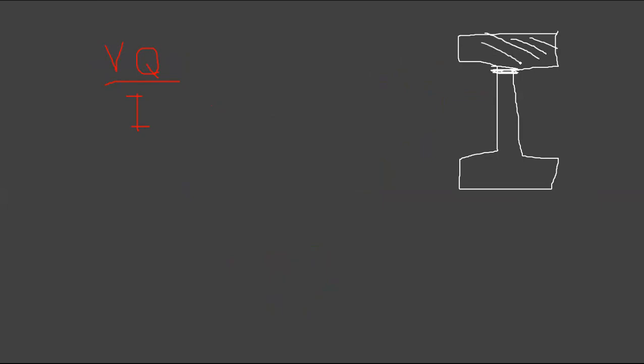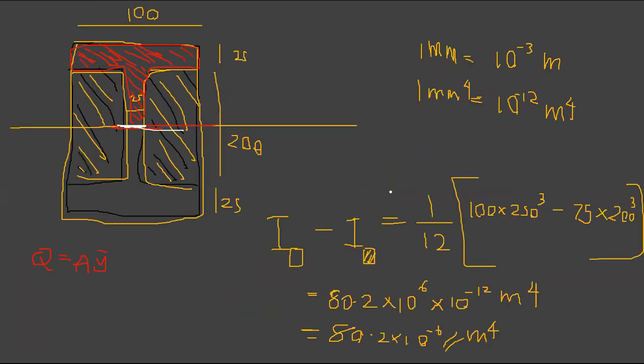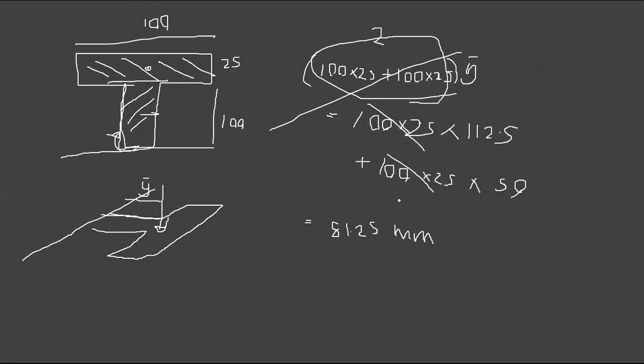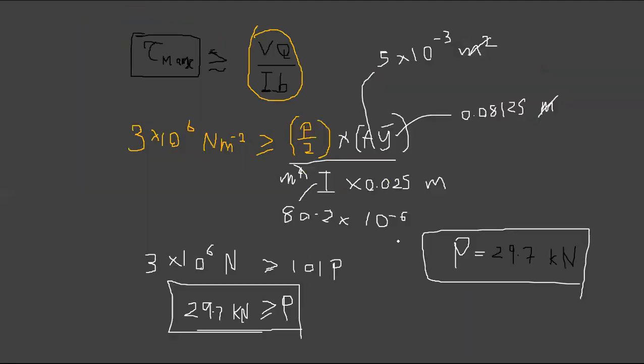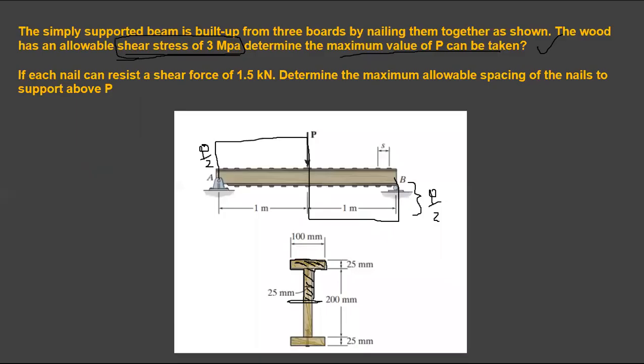So the shear force, that's going to be what? If your P is how much? Yes, 29.7. So that divided by 2, because if it is P force, the shear force is P over 2.